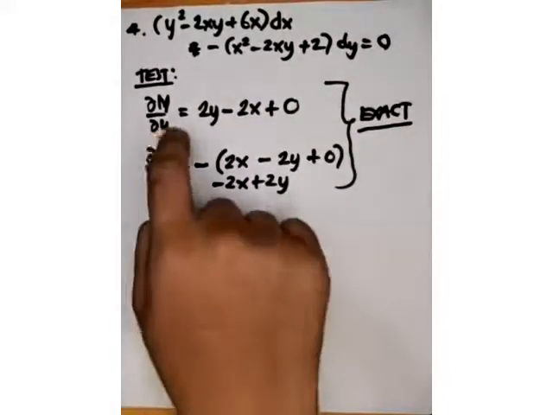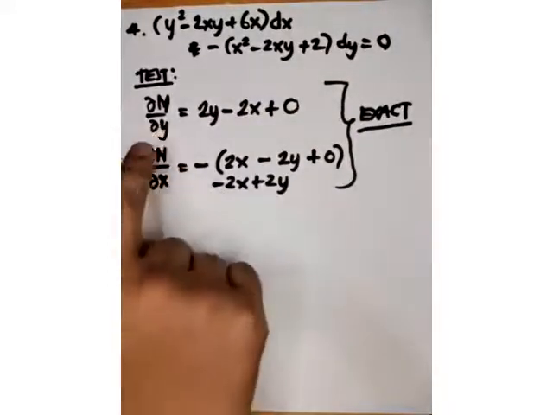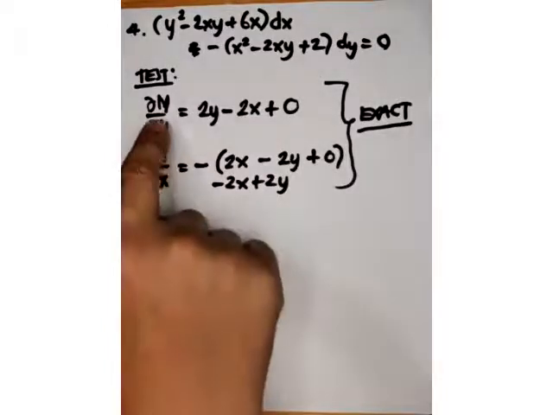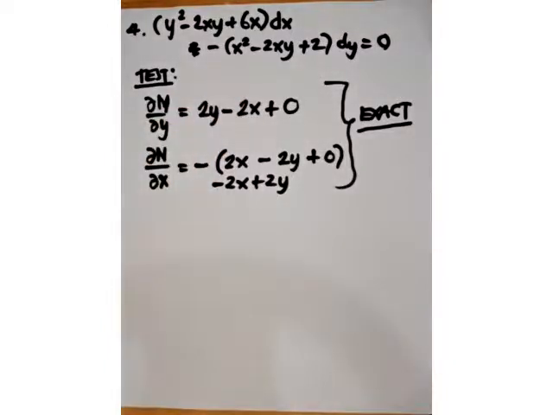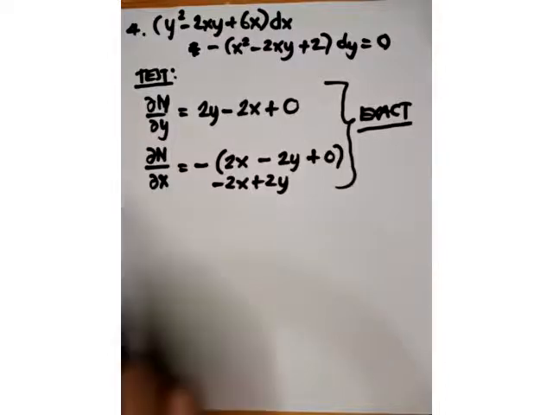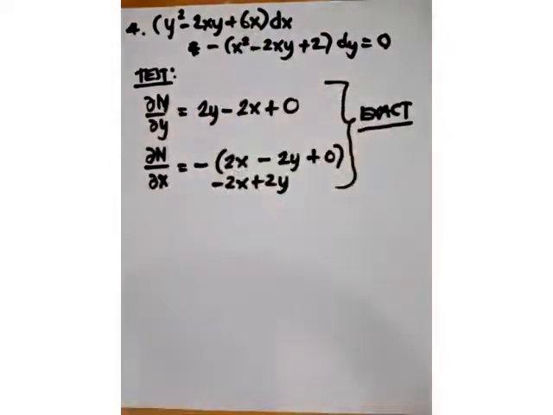Tandaan ninyo, kung anong variable ang dine-derive natin, y lang, kaya sabi ko sa inyo, yung x doon will act as a constant. So that means, kung ang x ay isang constant, anong derivative ng constant? Diba? 0. Kaya yung 6x dito ay magiging 0, kasi diniderive natin is in terms of y.